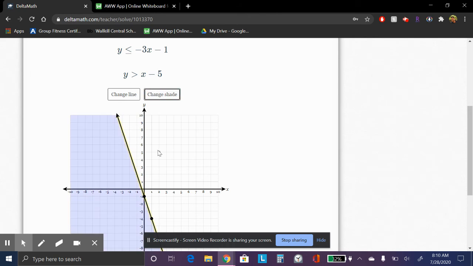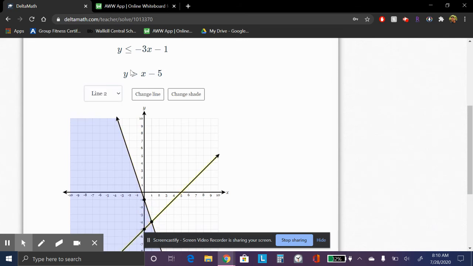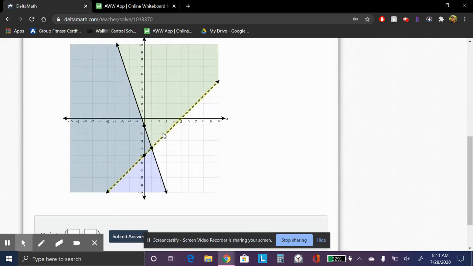Now this one is -5. Go +1 here, so I'm going to go up 1 over 1. It's not equal to, so I have to change it to a dashed line, and it's pointing away from y, so I shade above. Where they overlap is your solution set. I'm going to pick the point -4, 0.